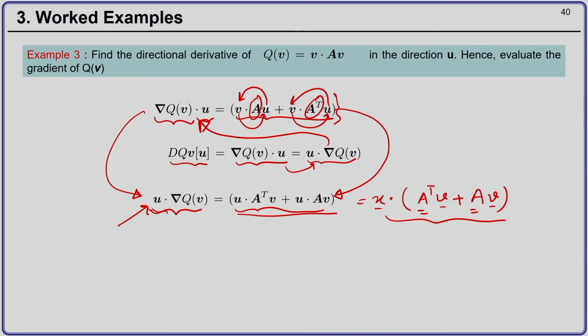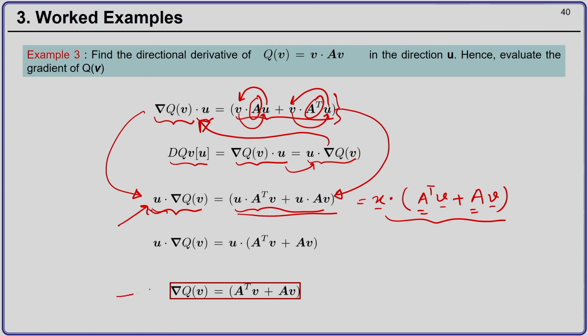Therefore, the gradient of q is nothing but A transpose v plus A v. That is how you compute the gradient of this scalar function q.